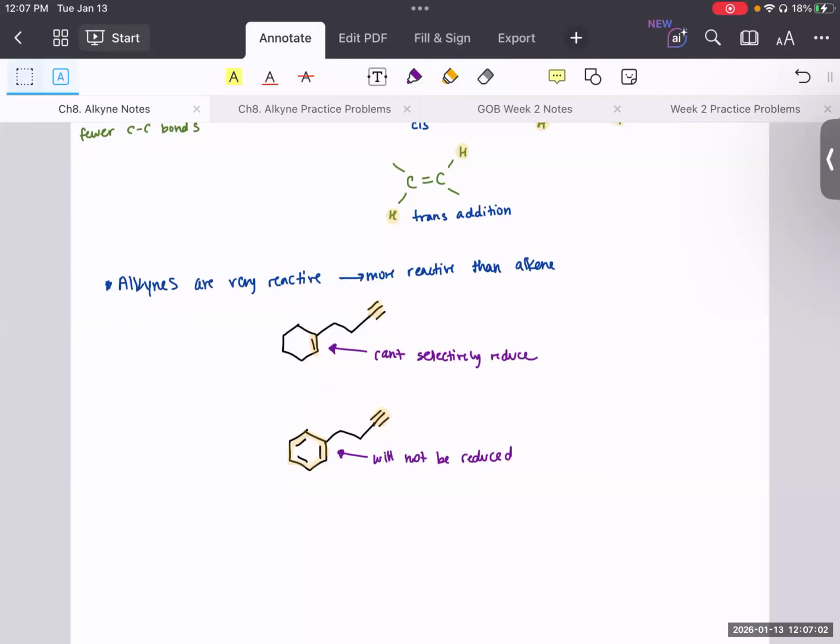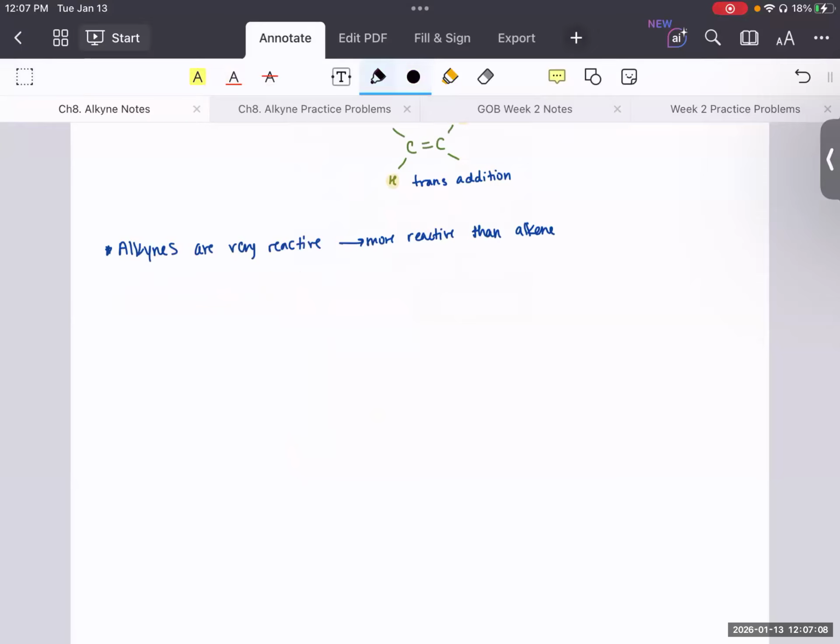And so for that, I'm going to erase this. I'm going to start off with a simple alkyne here, where I have an internal alkyne. We have three different reactions that we could perform.